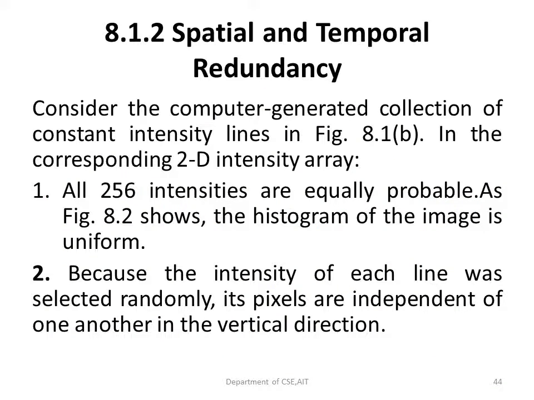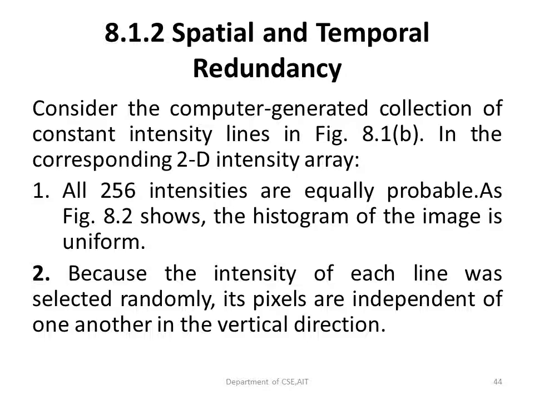The next is the spatial and the temporal redundancy. Consider a collection of constant intensity lines in an image. For this, the two-dimensional intensity array will have all 256 intensities equally probable.